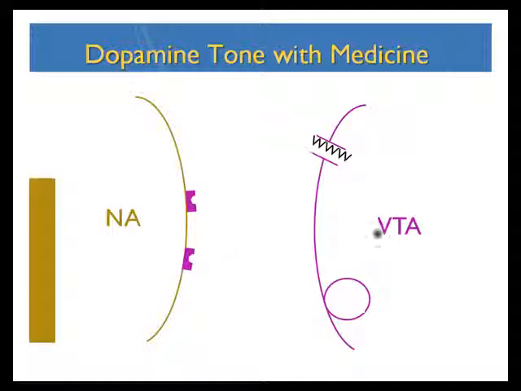So it's sort of like the vacuum cleaner running with less power or slower. So now we end up not with 2 out in the cell doing their work and 5 getting sucked up, but 5 outside giving us dopamine tone and only 2 getting sucked up.